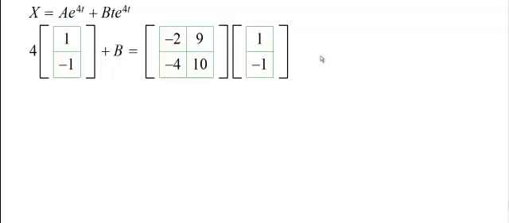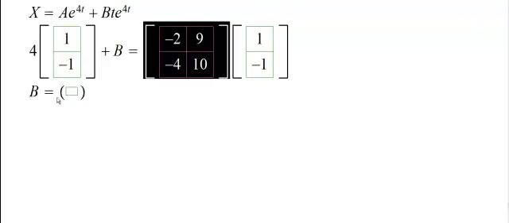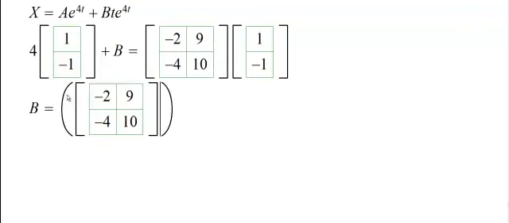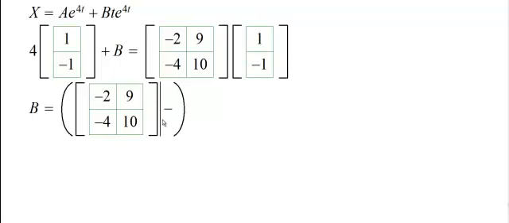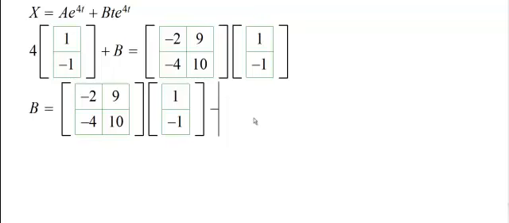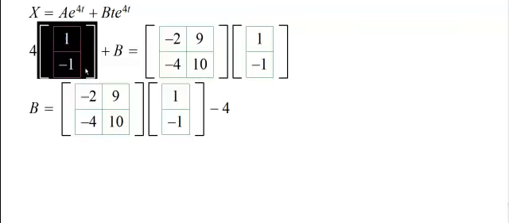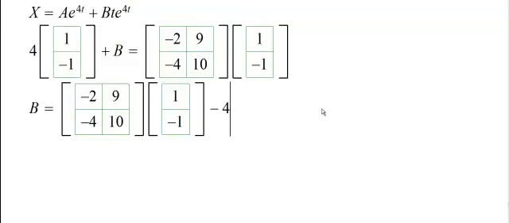That is, your B was this coefficient matrix, the matrix that gave you the linear system, times this guy, minus 4 times the same vector again, right?